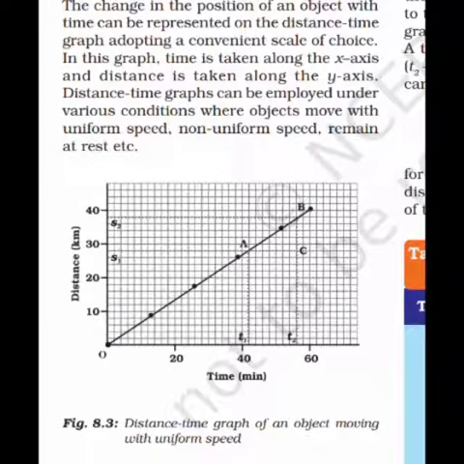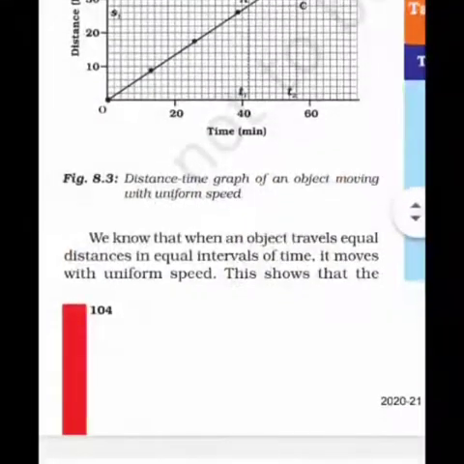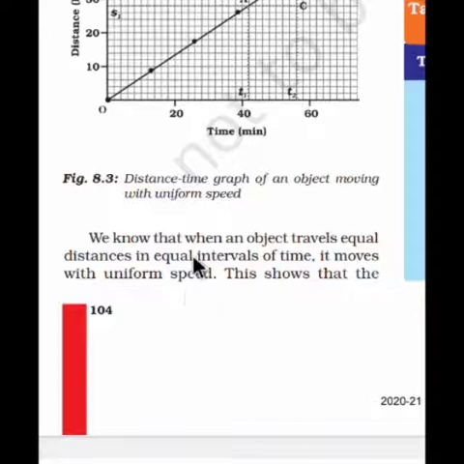We know that when an object travels equal distance in equal intervals of time, it moves with uniform motion, uniform speed. As I explained earlier also, when any object travels equal distance in an interval of time, that is known as uniform speed, or you can say uniform motion. You can write this line also in the definition of uniform motion.